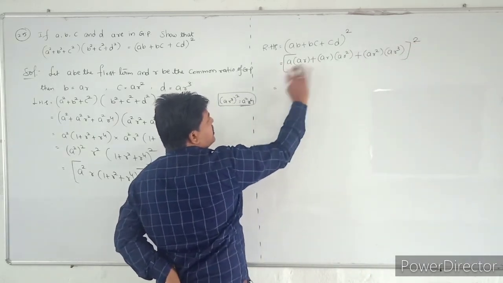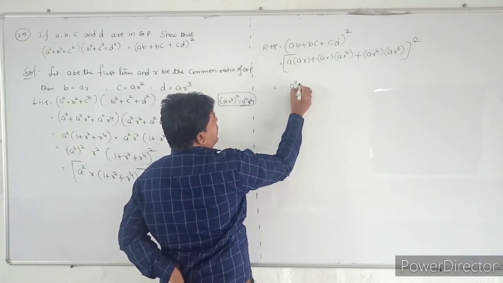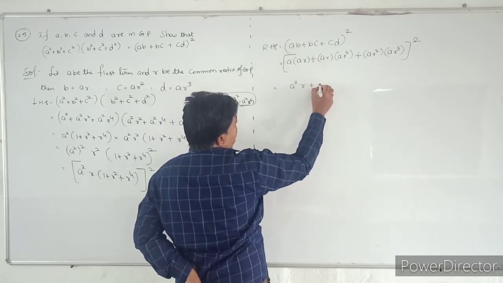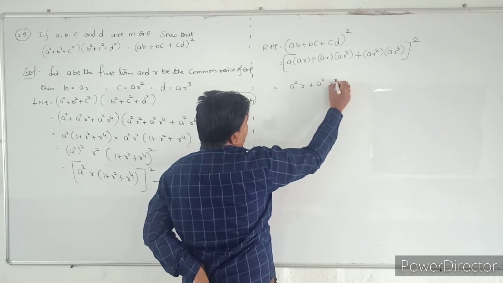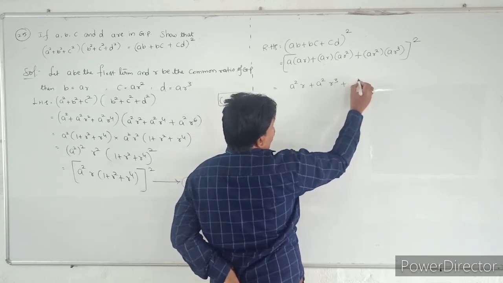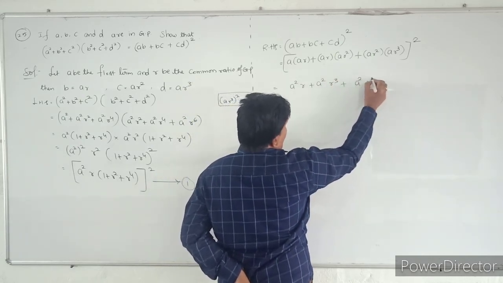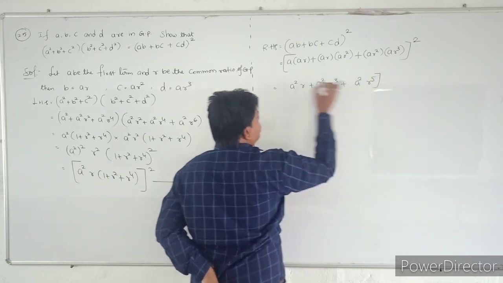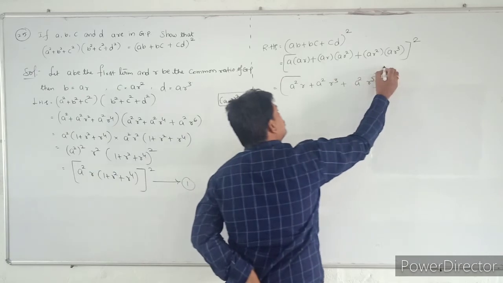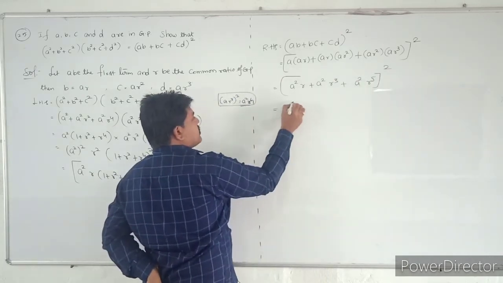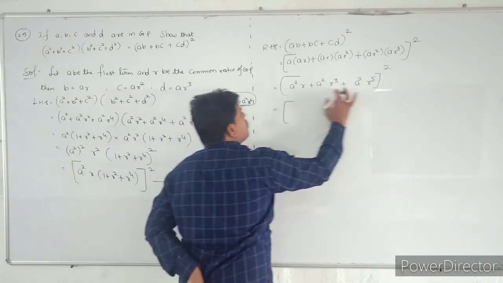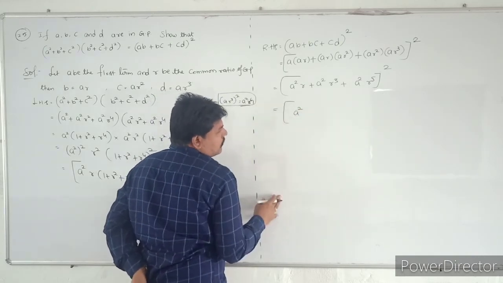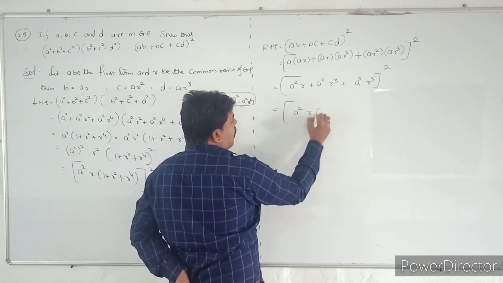So just simplify the value. What you will get is a square into r plus a square into r cube plus a square into r power 5, whole square. What can you take out common here? All the terms have a square common and also r common.